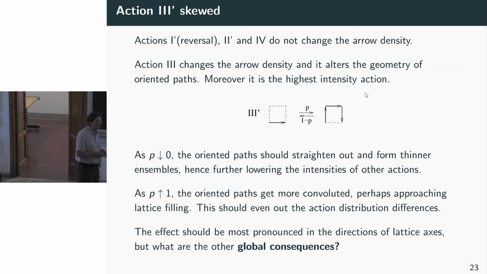Are you still satisfying detailed balance? What do you mean by P and 1 minus P? You're still satisfying detailed balance? No, detailed balance is violated here, because the Markov chain satisfies detailed balance when you have the jumps in both directions with equal probability. But what are you simulating then if you don't satisfy detailed balance? Well, there will be some probability current left at the equilibrium. Oh, I see.